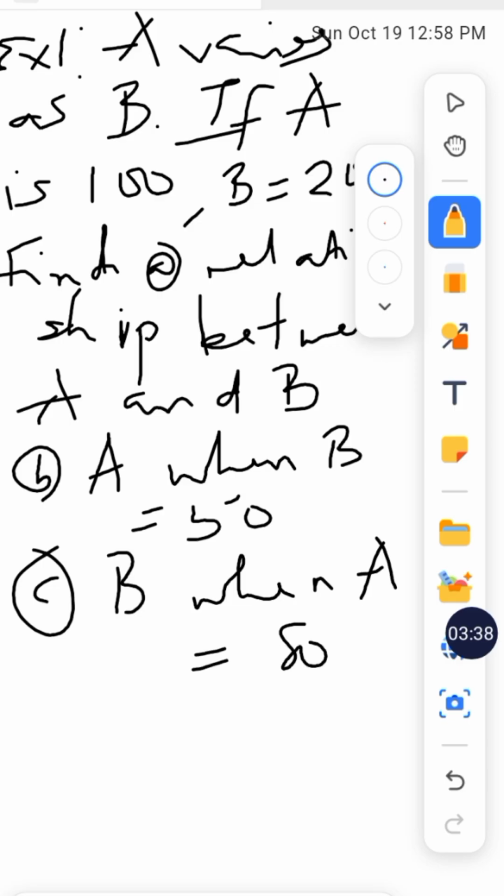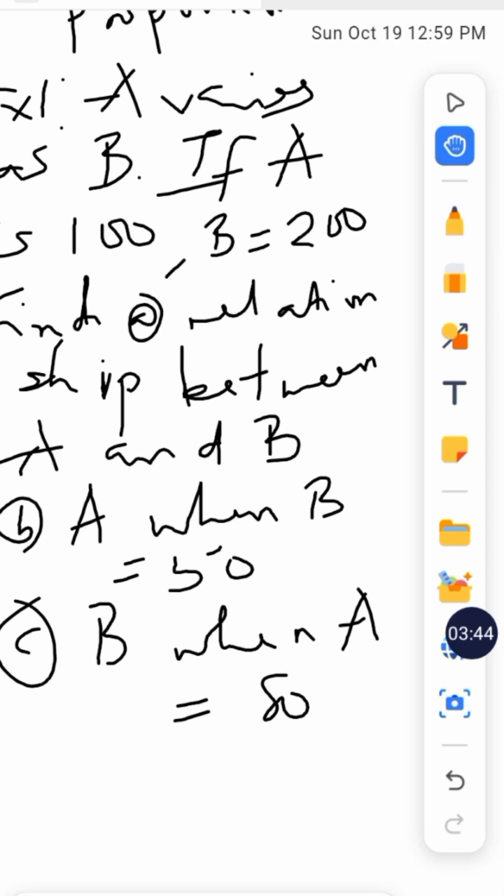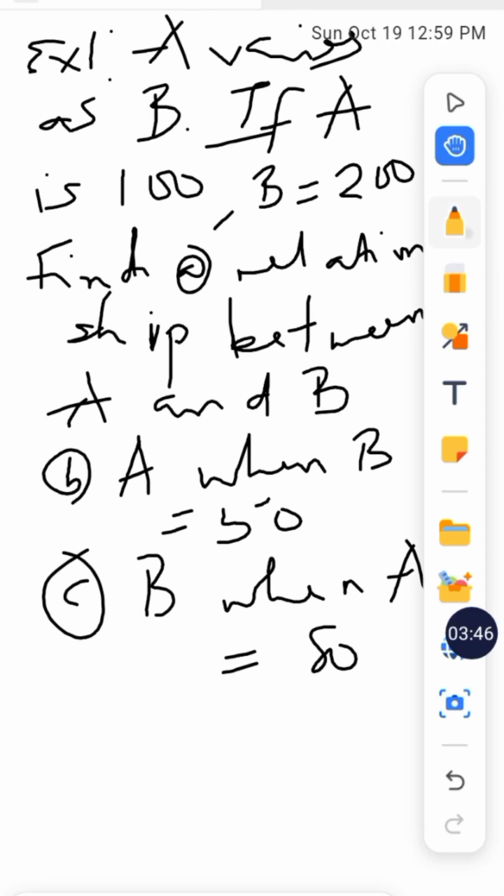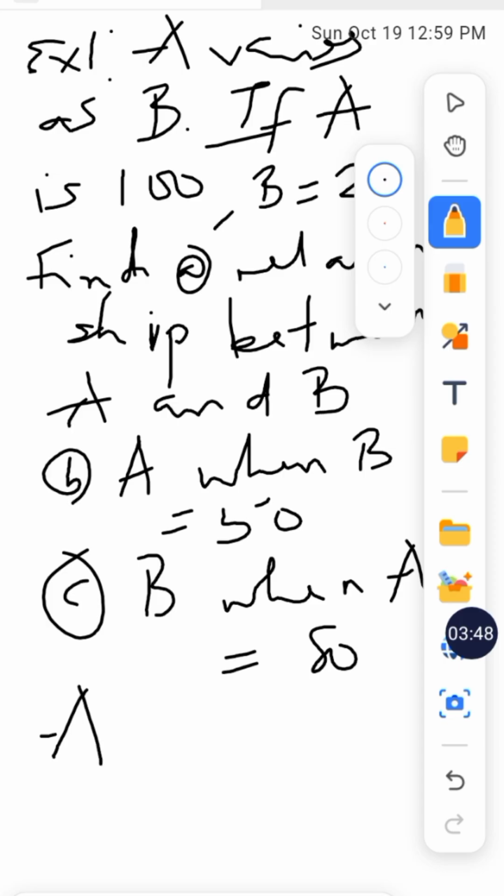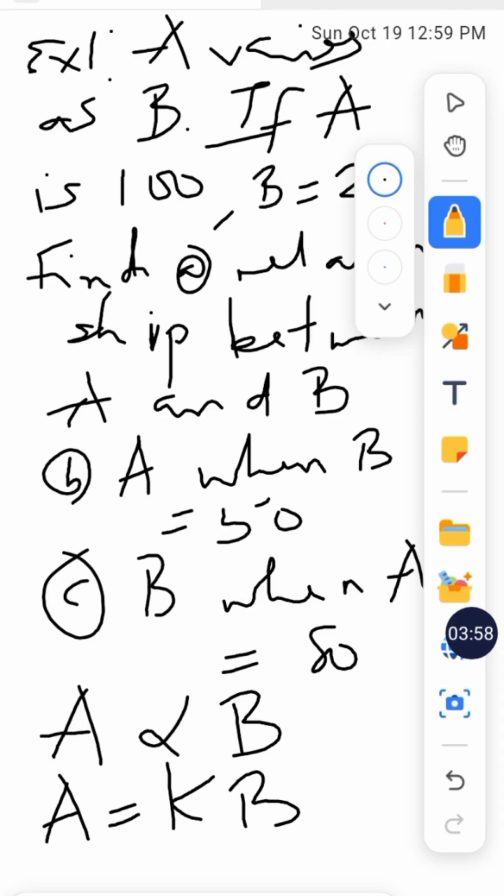So let us look at this together. A varies as B. Like I told you, the very first thing is for you to write your connection down. A varies as B will be written as A varies as B. And you cannot solve mathematics with this proportionality sign. You need to introduce a constant of proportionality. That will be A equals KB. That's the very first step.